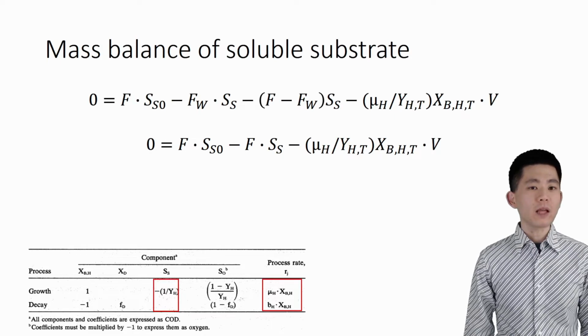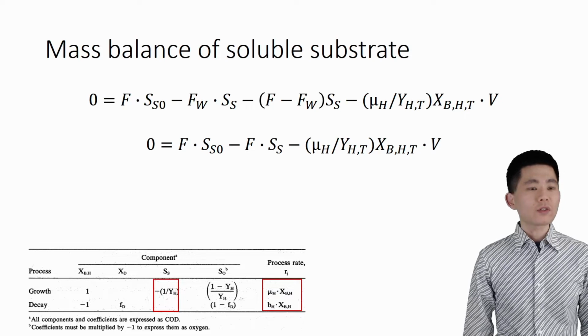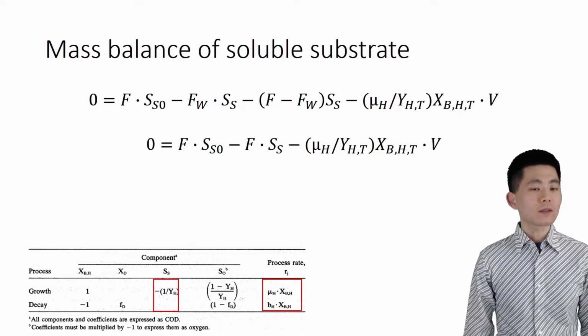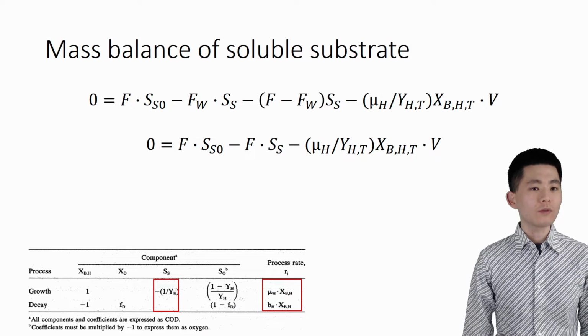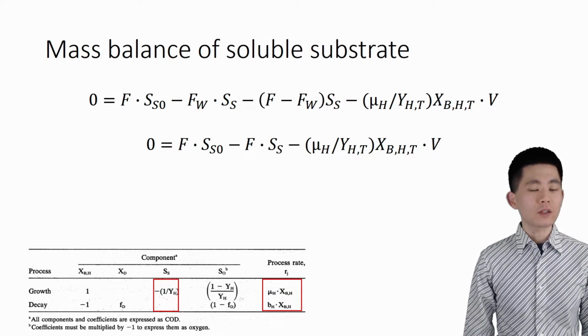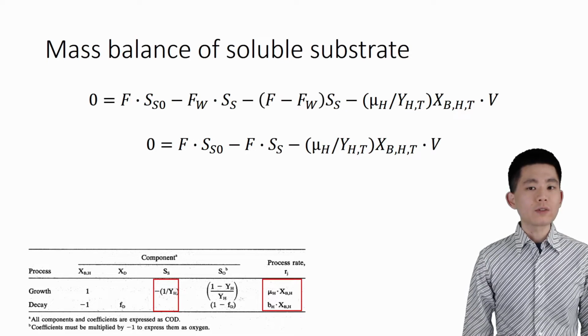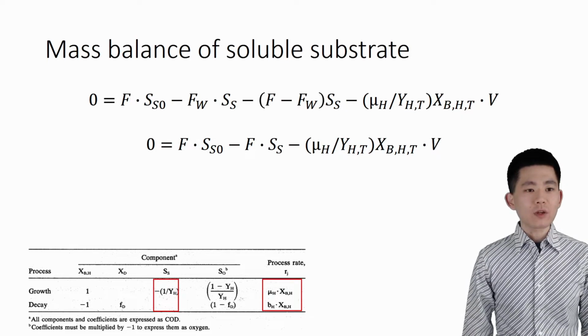Similar to the mass balance of biomass, we can write the steady-state mass balance for the soluble substrate, S sub S, which is already in COD terms. But note that the yield YHT is used with a unit of gram TSS biomass growth per gram COD substrate consumed, because the active biomass concentration XBHT is in TSS terms.